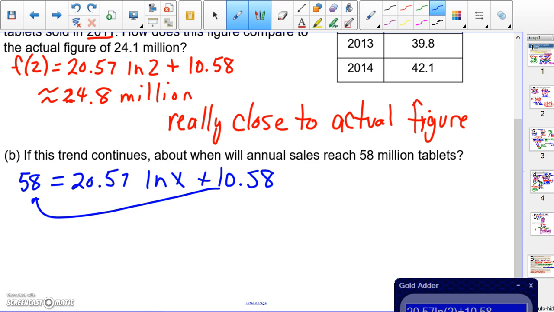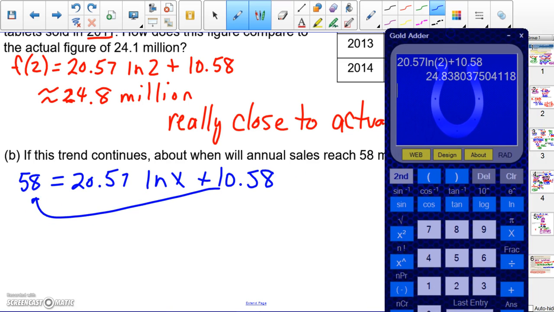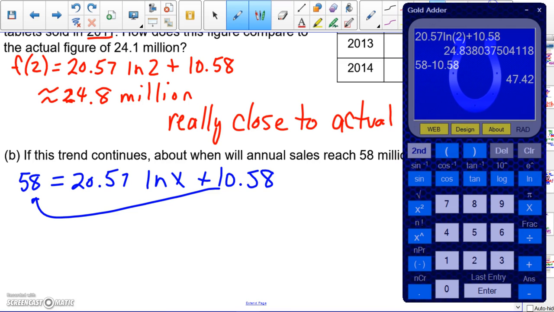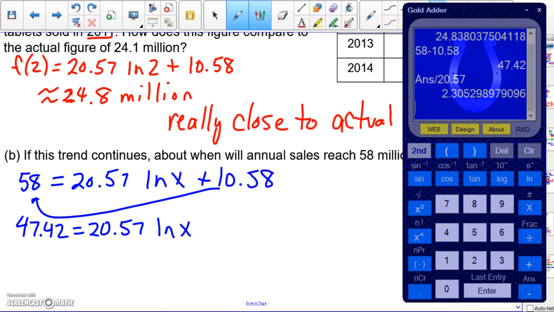We're just isolating here. 47.42 equals 20.57 natural log of x. Divide by the 20.57 and get about 2.305 or so.